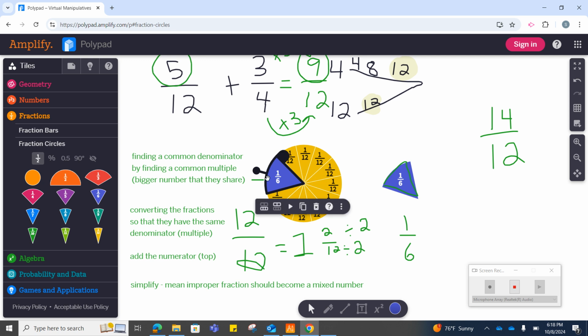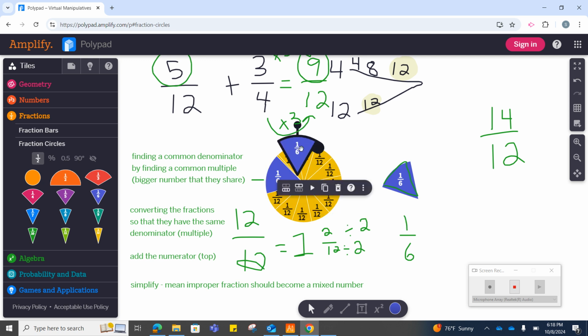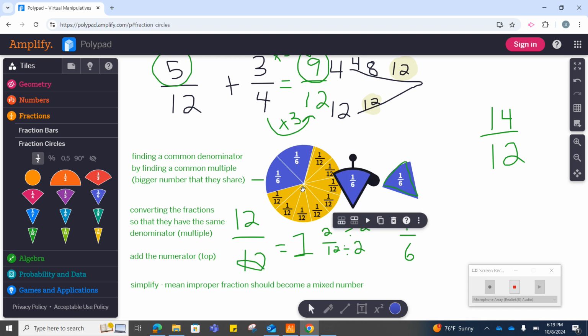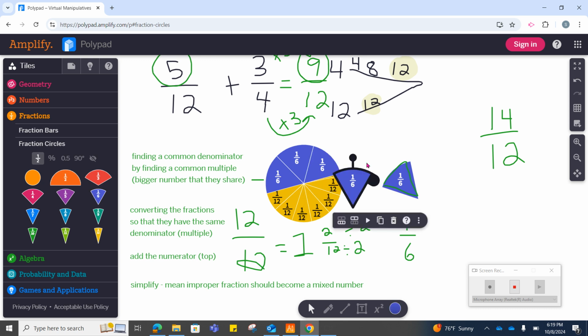So these 2 12ths become 1/6. Okay. But we can't have our answer be like 3/6 and 6 12ths. We have to have all of our denominators be the same.